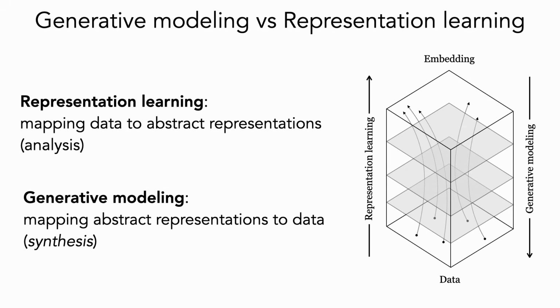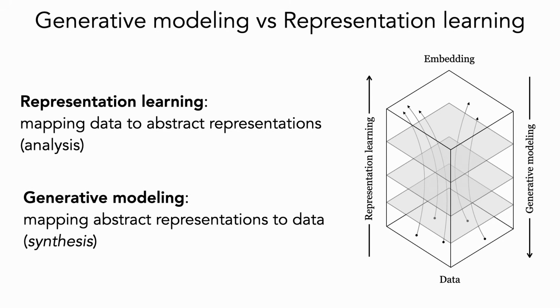OK, so this is a picture I've shown a few different times throughout all of the representation learning and generative modeling lectures in this class. It's how I like to think about the two problems, where representation learning is going from raw data to some nicer, structured, abstracted representation. And generative modeling is going from a nice, simple, abstracted representation to data.